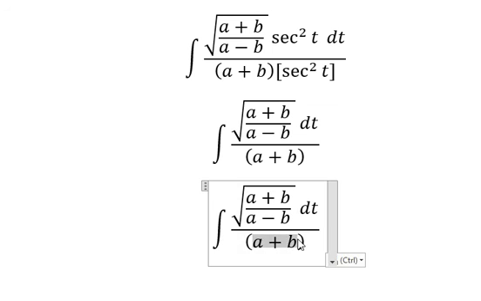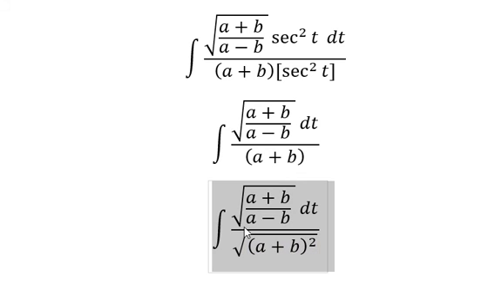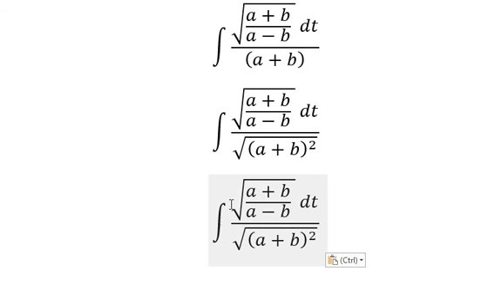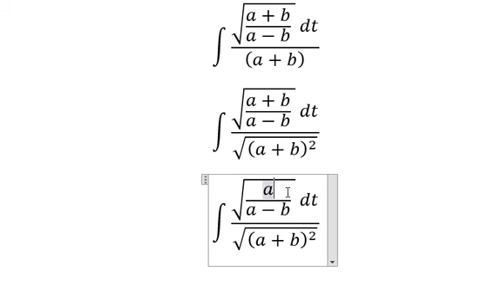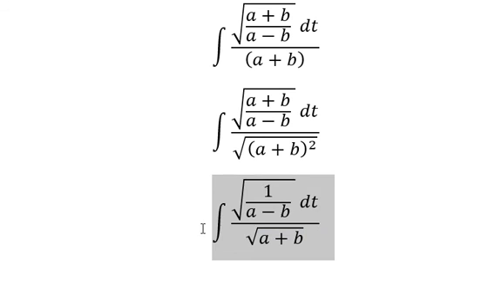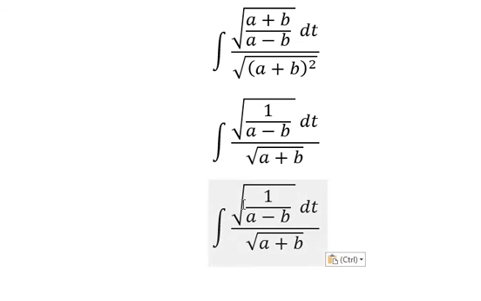We know that a plus b is the square root of (a plus b) squared. Now we need to simplify the square root of a plus b on the numerator and denominator. And now this one I will put in the denominator.